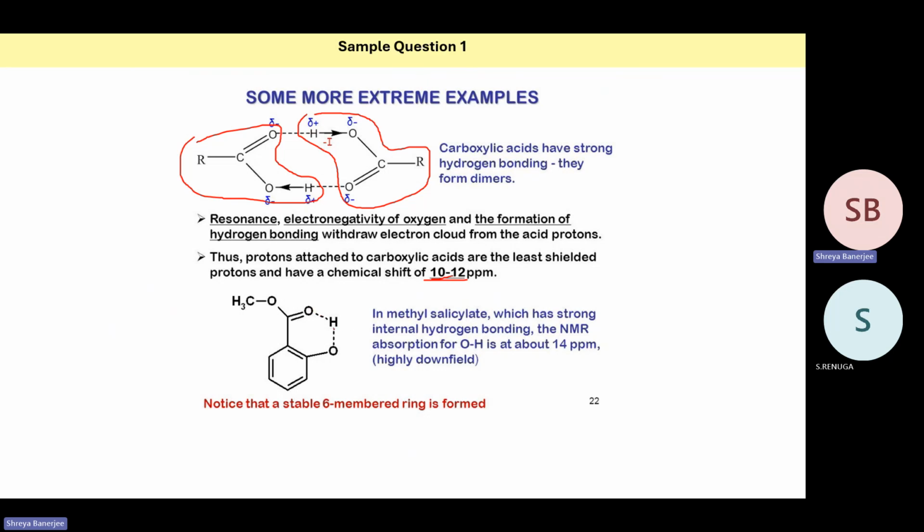This hydrogen is attached to this oxygen by a covalent bond, and this is the hydrogen bond. It is forming a 6-membered ring. So this hydrogen bond is again very strong, and the delta plus on the hydrogen increases, and so it is very much downfield shifted. Normally, alcohol hydrogen appears at up to 5 ppm, but this alcohol hydrogen is appearing at 14 ppm because it is so much downfield shifted.